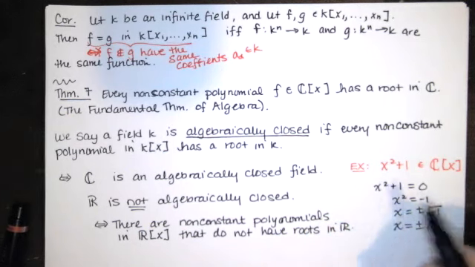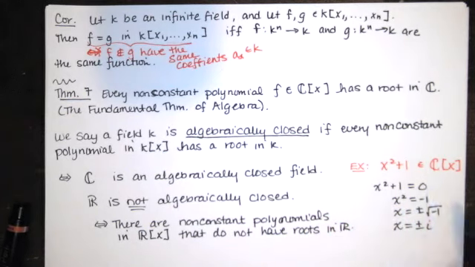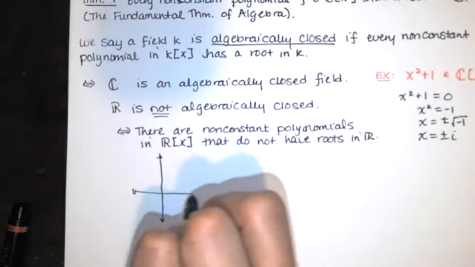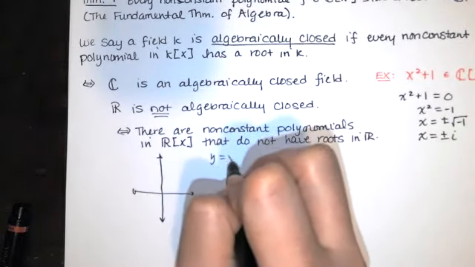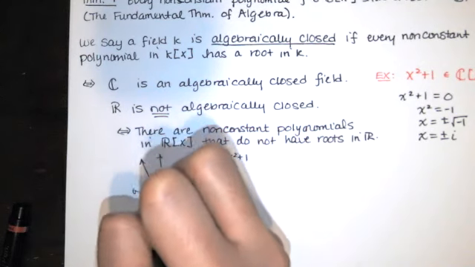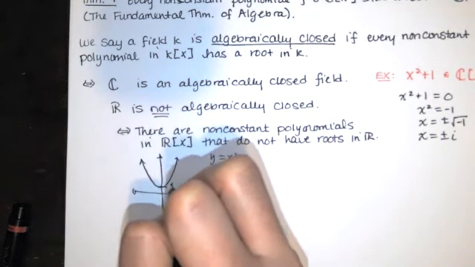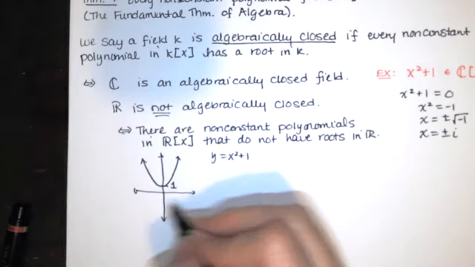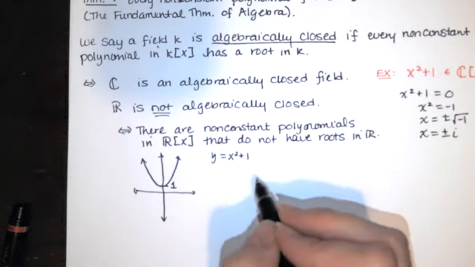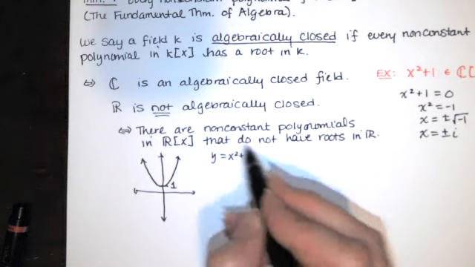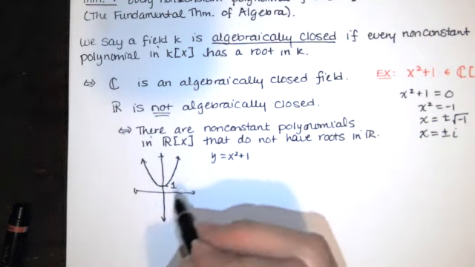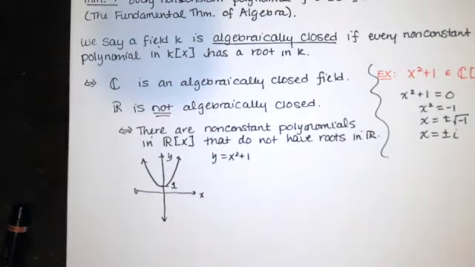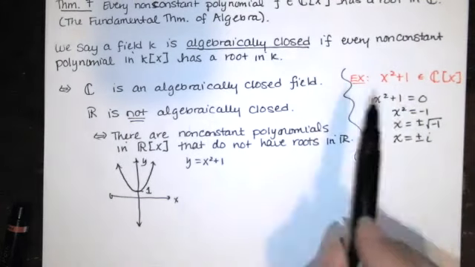And x squared plus 1 is one of them. X squared plus 1 is never equal to 0 in the real number system. One way that you can see that is you can just look at y equals x squared plus 1. That's never equal to 0. The y values on that graph never cross the x-axis. So we're never going to get a y value of 0 out of this if we stay in the real number system. But if we go over to complex land, now we actually get two different answers.